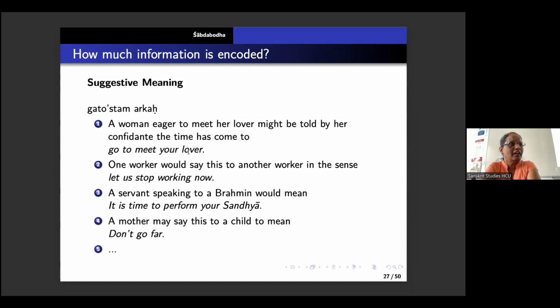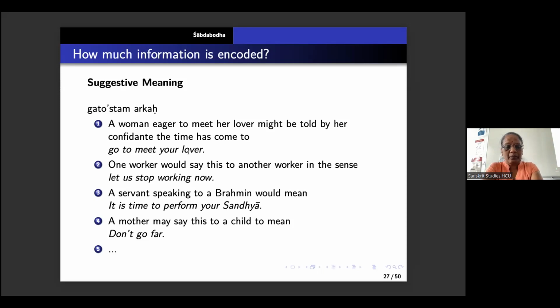So she is saying, sun is setting, to her friend. Or 2 workers are saying to each other, let us stop working now. Sun is getting set and it's evening. Now we need to close the shop and go back home.